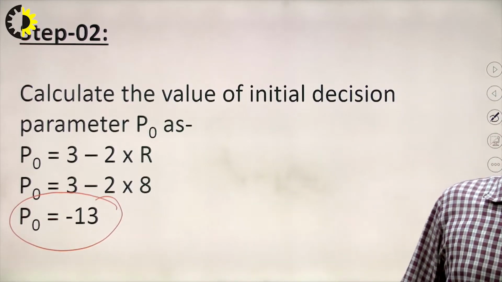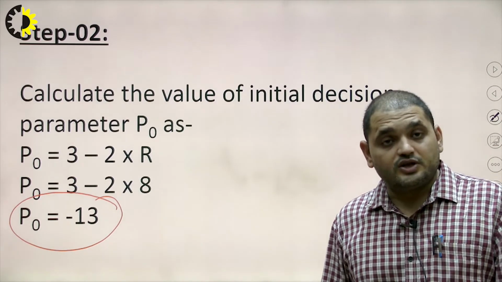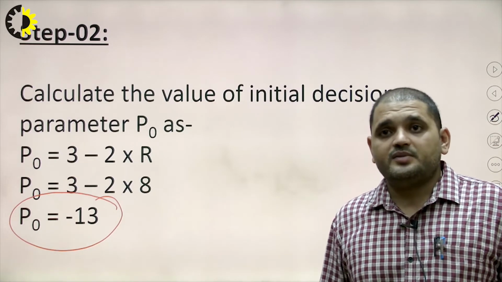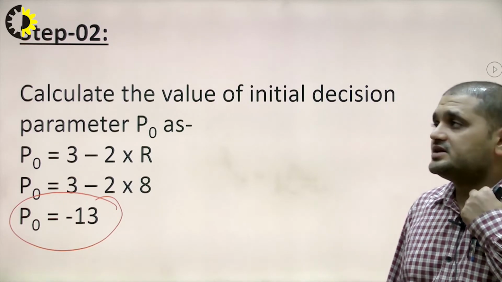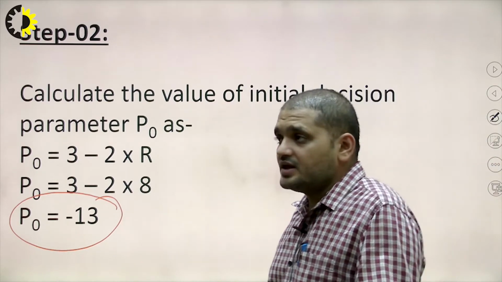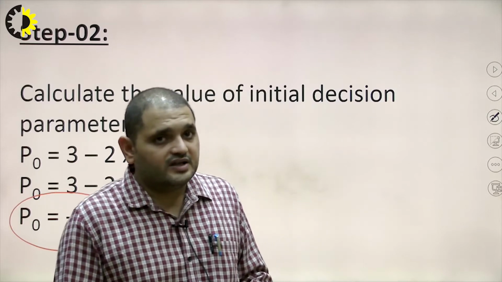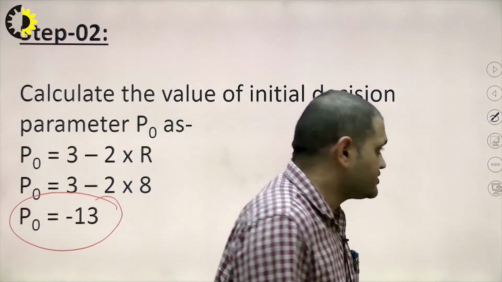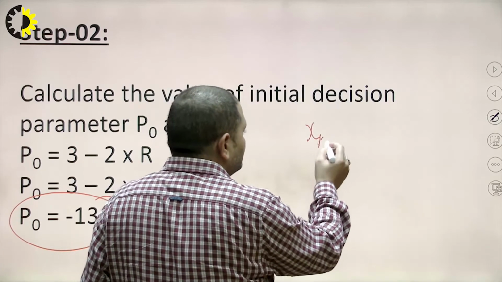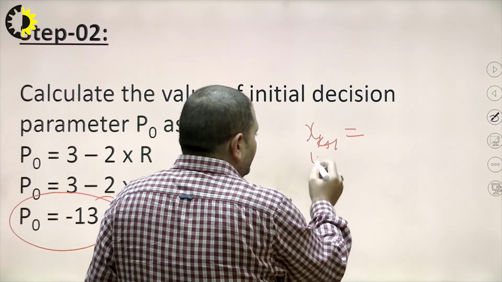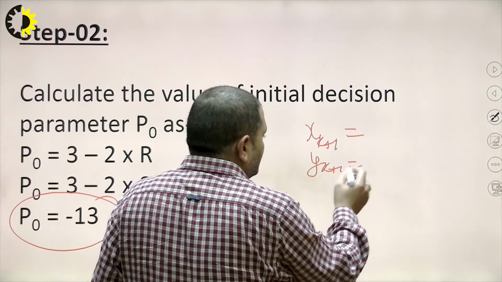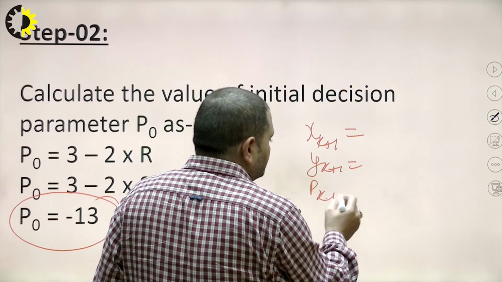So this value is less than 0. This decision parameter is less than 0. So for less than 0, just recall, what was the next point of x and y, that is xk plus 1, yk plus 1 and pk plus 1.